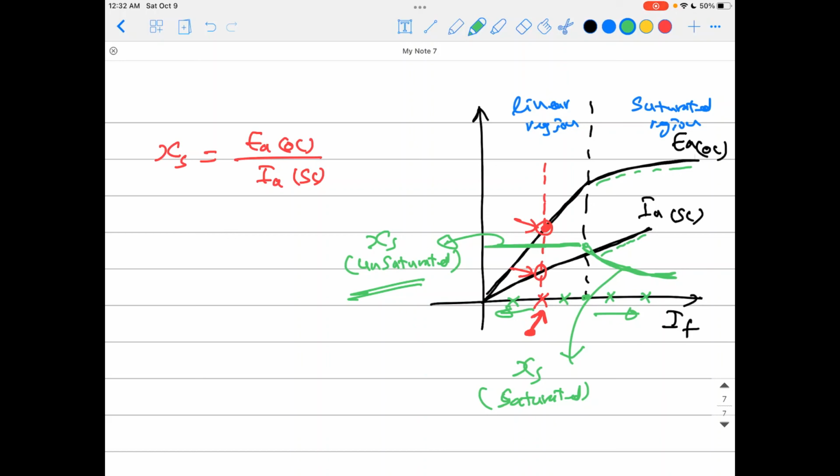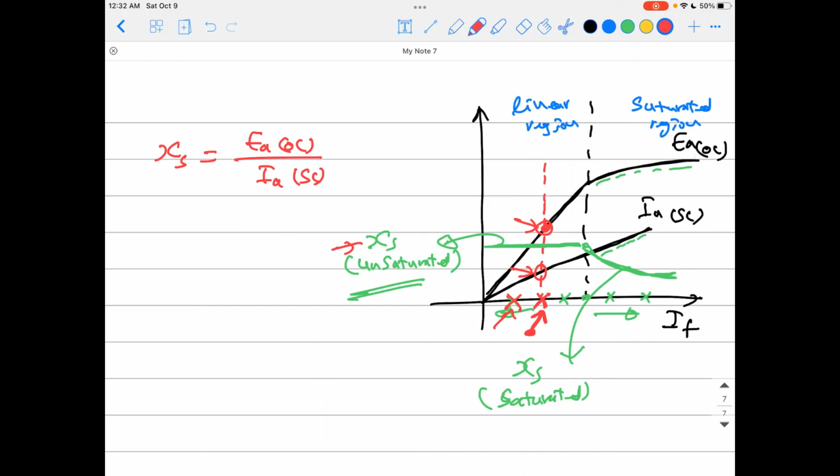But if you're working in the saturated region, now it will be different from IF to IF. That means you need to find a specific value for IF and find IA and EA and work at them. So if you find unsaturated XS for a current value IF here, and you want XS at another value of IF here, you don't need to recalculate it.